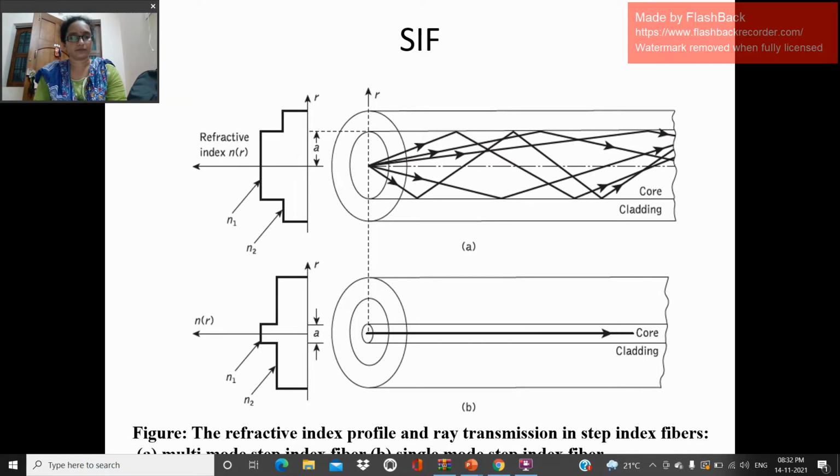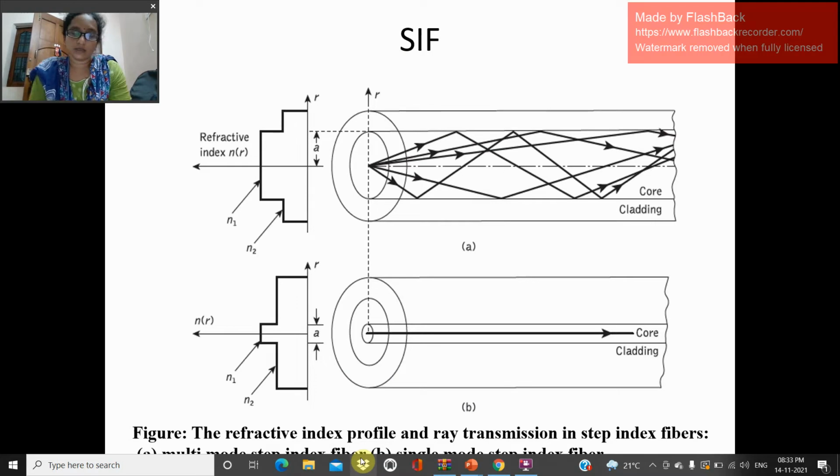Next, step index fiber, figure A and figure B: step index fibers for multi-modes and single modes.